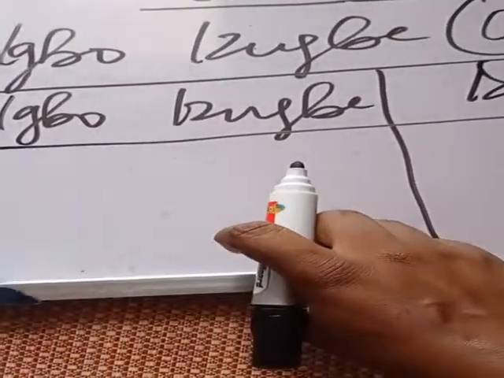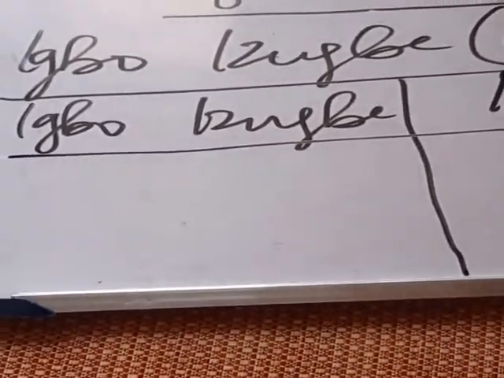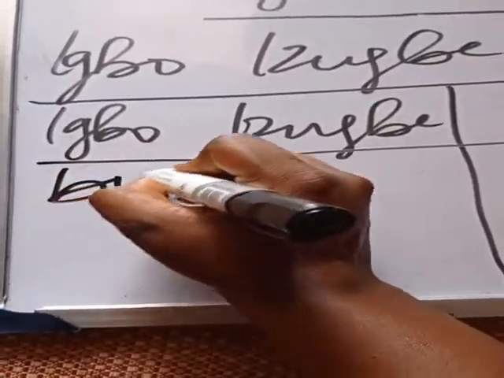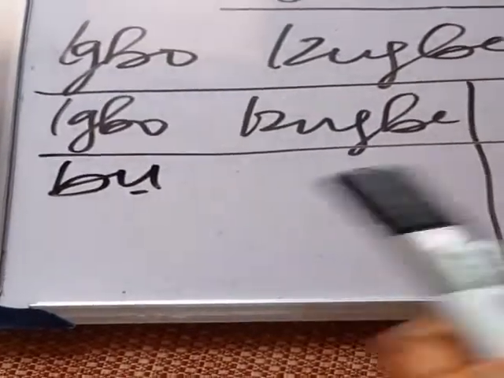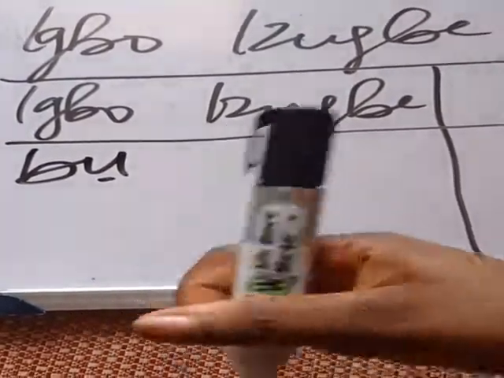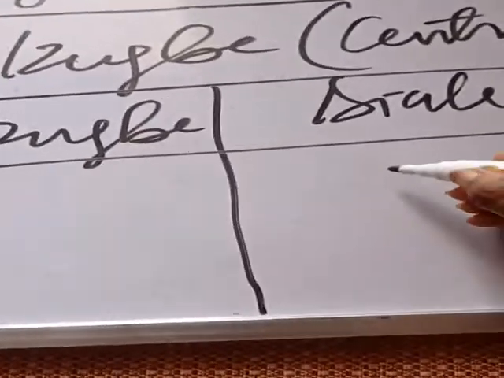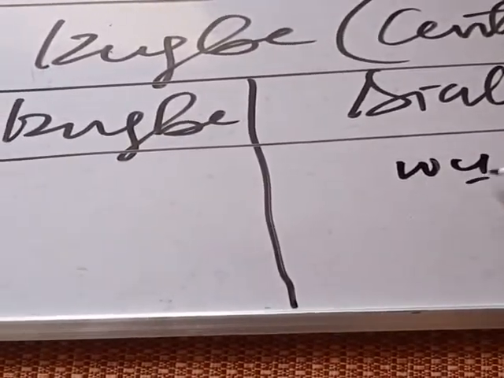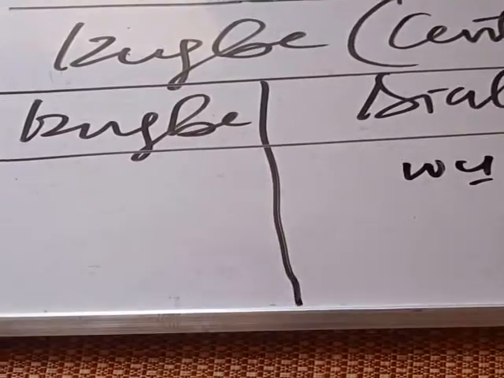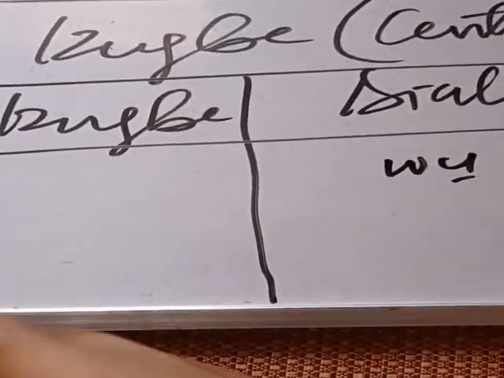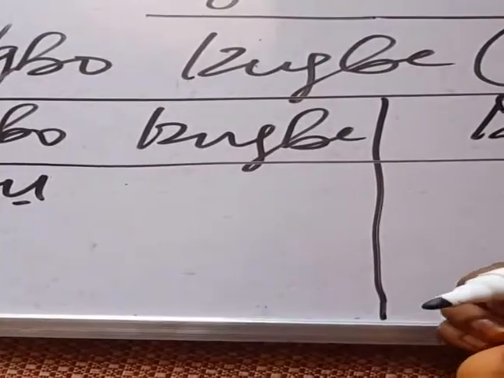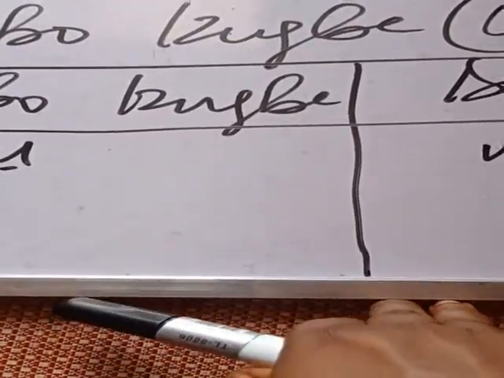Now look at the difference. Igbo Izugbe will say Ibu nwoke. Another dialect would say Iwu nwoke. That doesn't change anything. It's still the same thing, but this is Igbo Izugbe, and this is another person's dialect. That's the way their people say it.